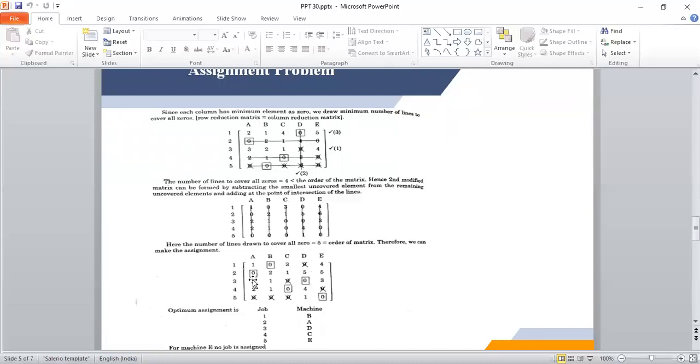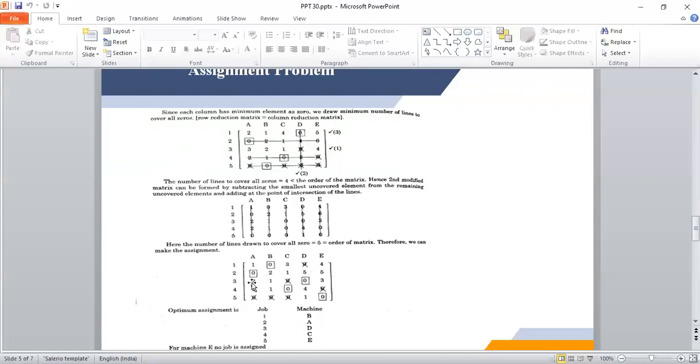I find that the second row, corresponding to job 2, has only 1 zero. Only 1 zero where? At this point, 2 corresponding to A. So we make the first allocation here. So job 2 is allocated to A.